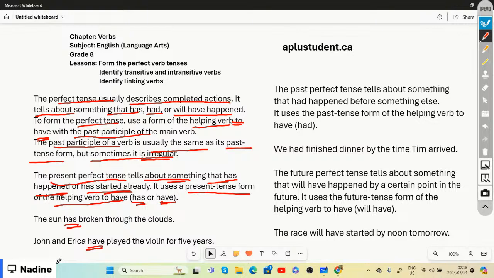And it uses the past tense form of the helping verb, which is had. So if we look at an example, it says, we had finished dinner by the time Tim arrived, meaning we are done, right? Tim came afterwards.